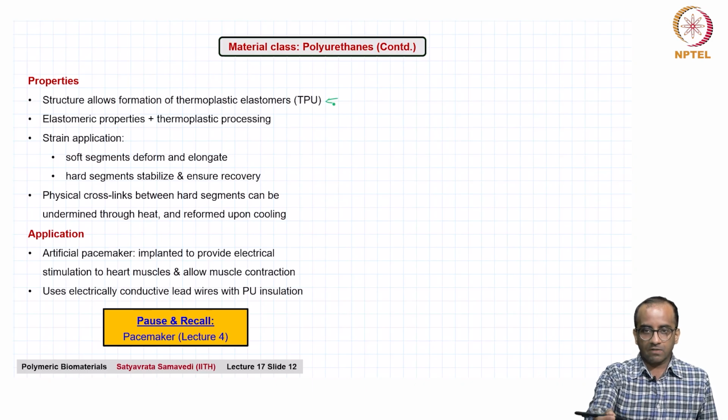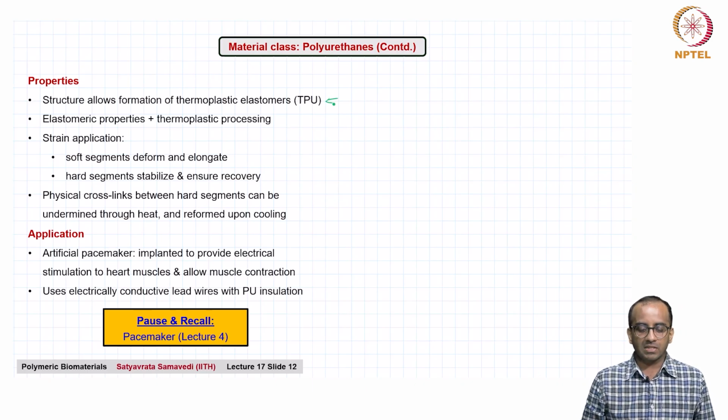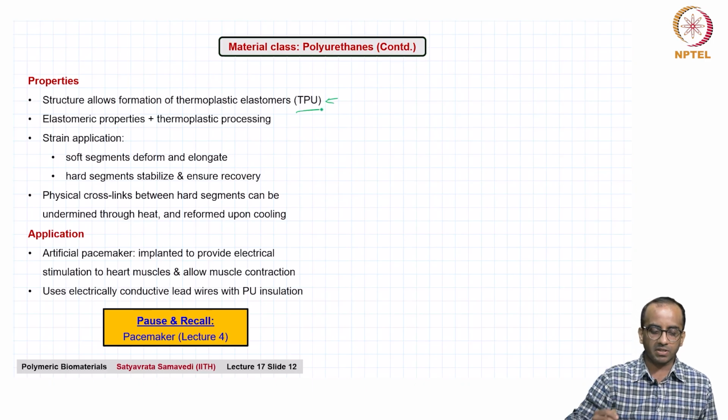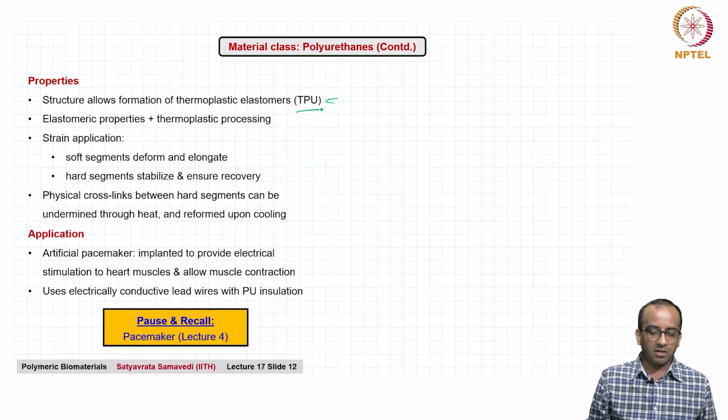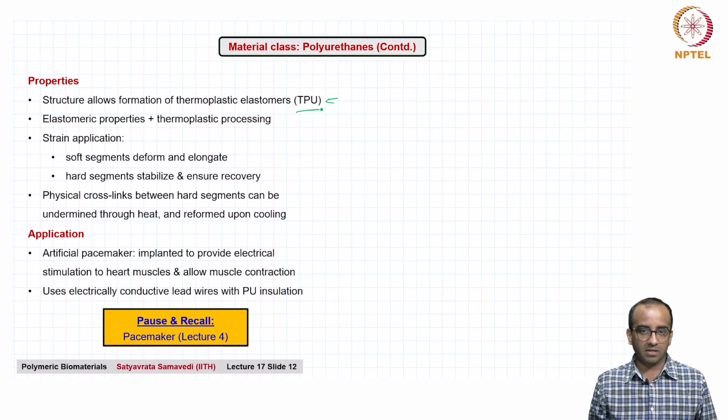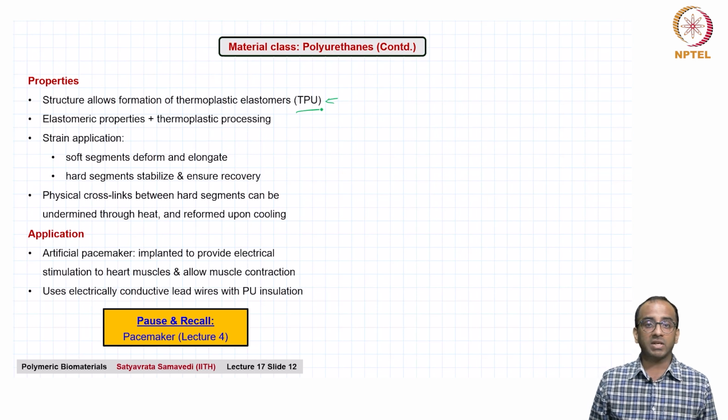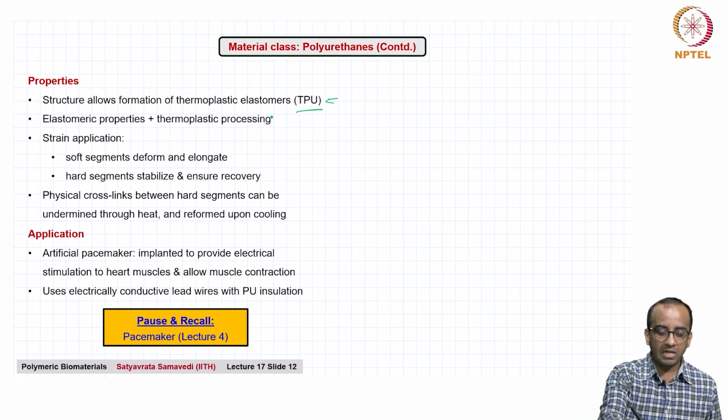Namely, one specific type of polyurethanes are these thermoplastic elastomers, which are called thermoplastic polyurethanes, which include the thermoplastic processing ability of materials without compromising the elastomeric properties, which is very, very unique to TPUs.